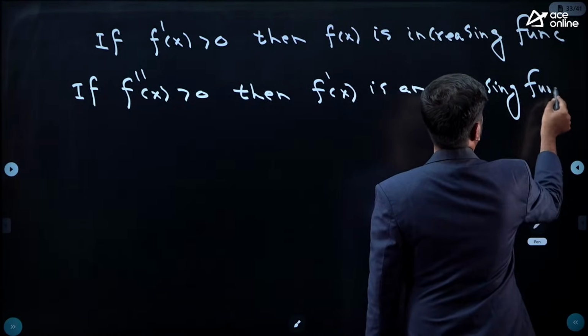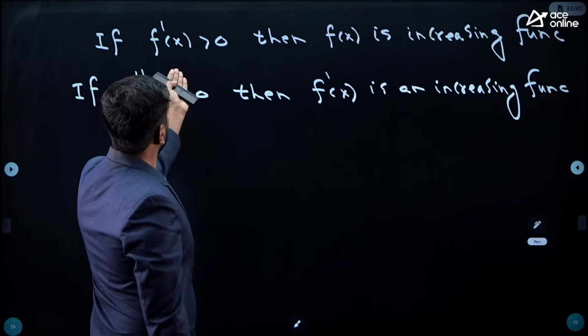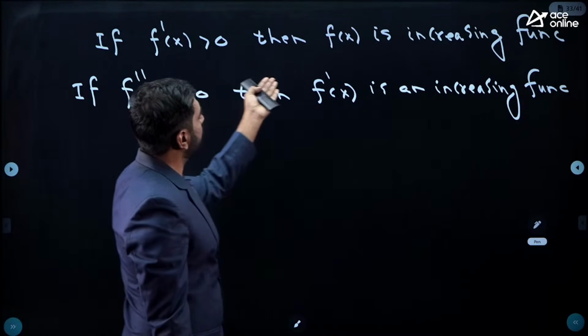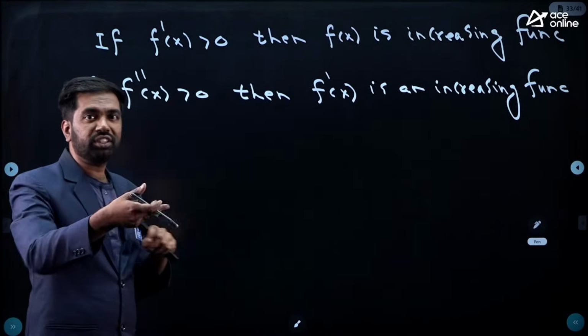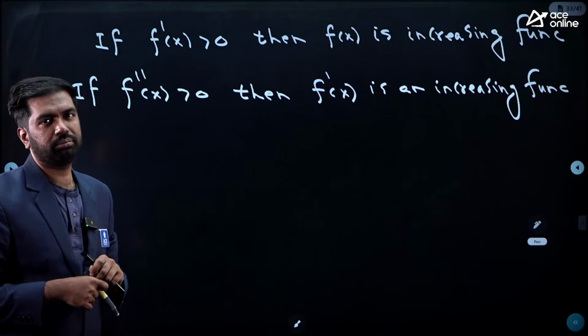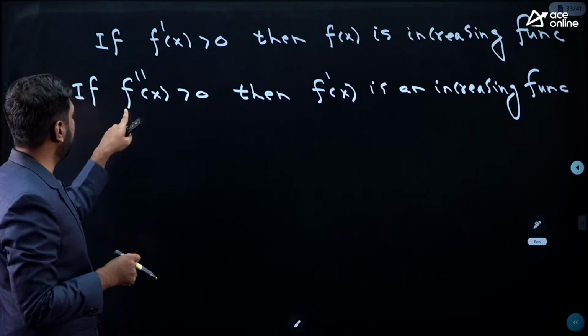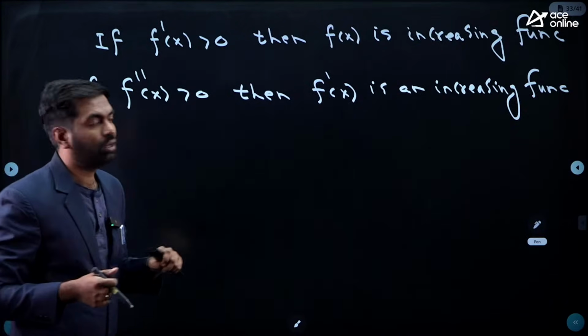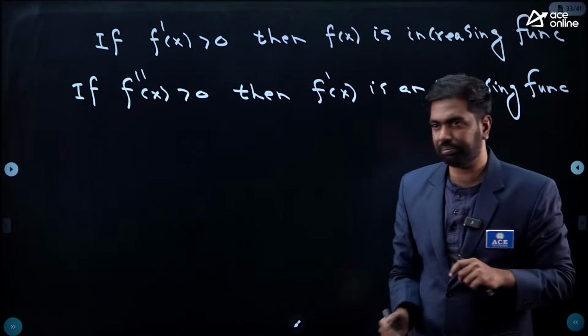The logic is clear, right? If the derivative is greater than 0, then the function is an increasing function. If the second derivative is greater than 0, then the first derivative is an increasing function. In the present question, they gave f double dash of x to be greater than 0. That means f dash of x should be an increasing function.